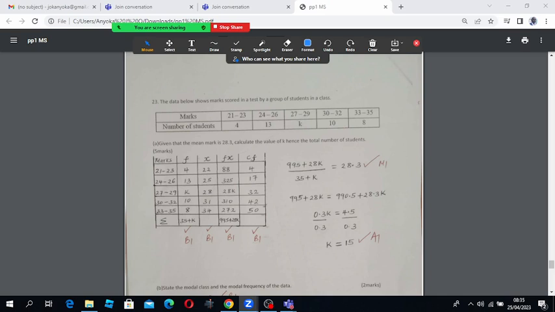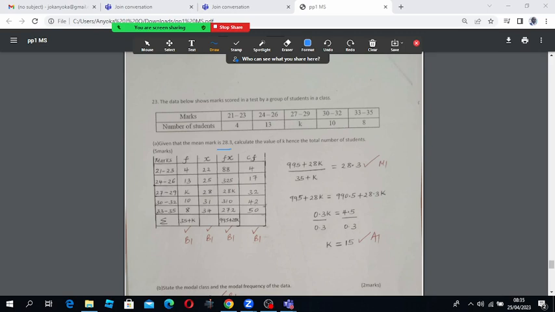We have the table. We don't know the number of students. Given that the mean mark is 28, calculate the value of k, hence the total number of students.